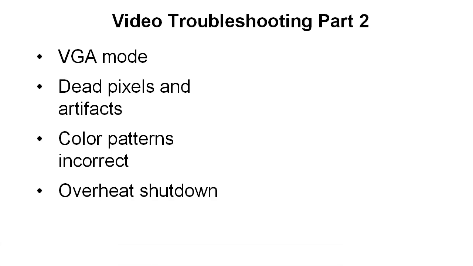An overheat shutdown. Now, the display could shut down, and the display will go amber. This is a tough one to troubleshoot, but if you open the system and you feel the video card and it's really hot, like it almost burns your finger, then you have an idea that it overheated. Generally, the cause for that is a clogged up computer.